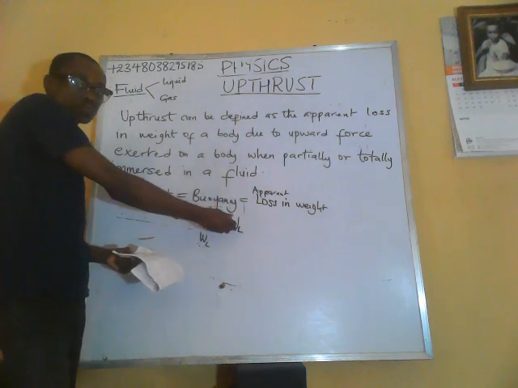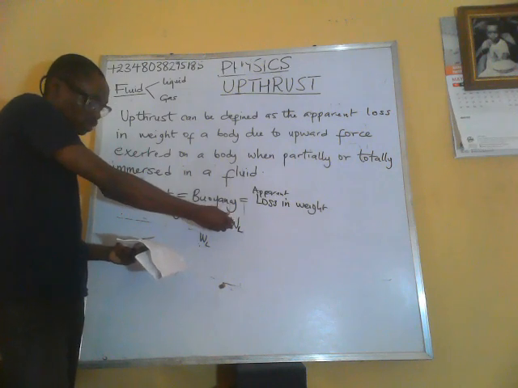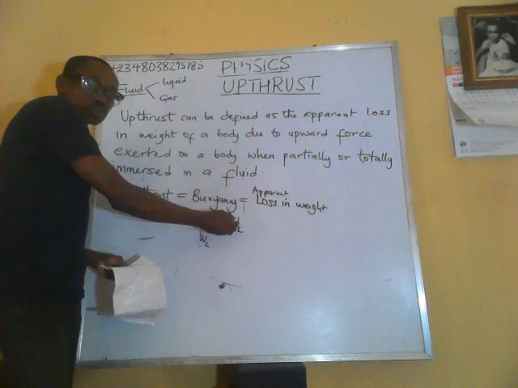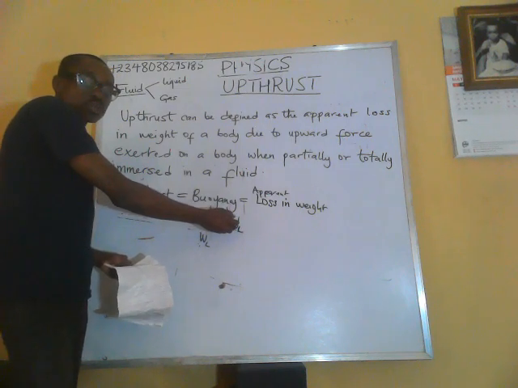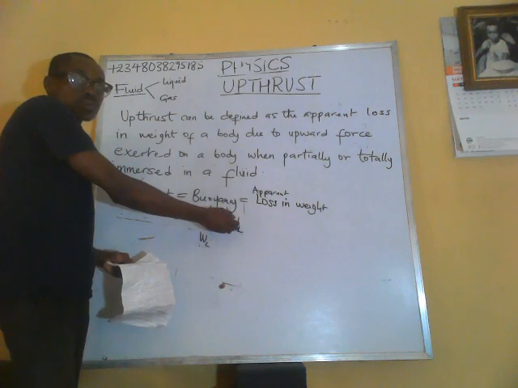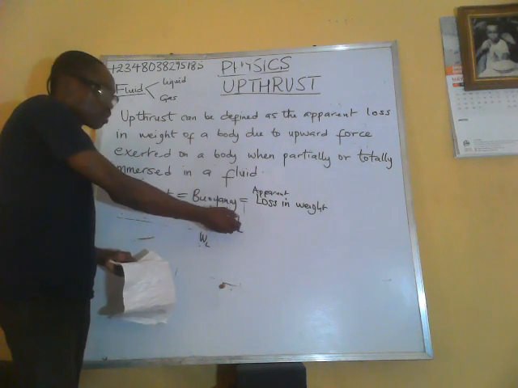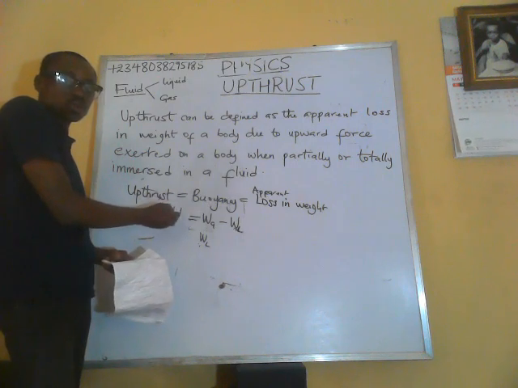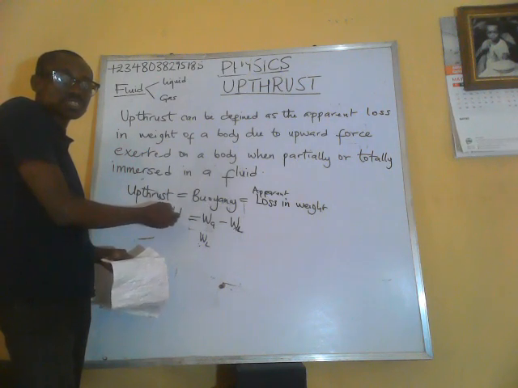WL is the apparent weight of the body when immersed in the liquid. This is the weight when immersed in the liquid, the apparent weight. U is the upthrust, or loss in weight, or apparent loss in weight.